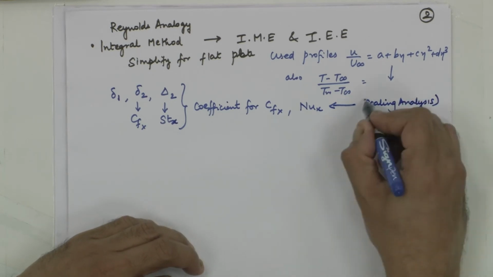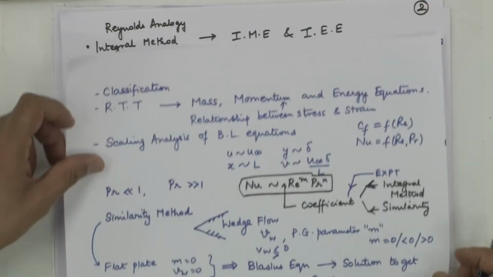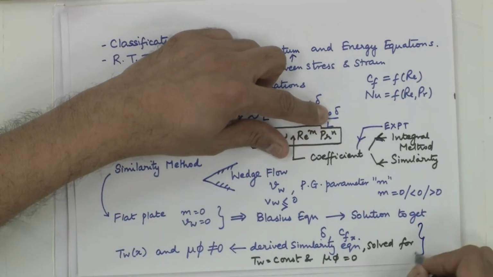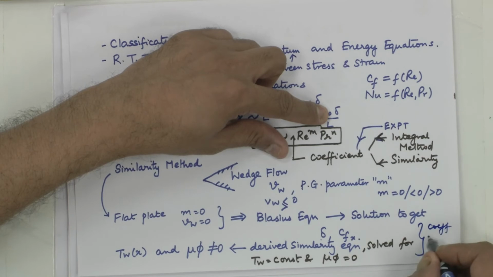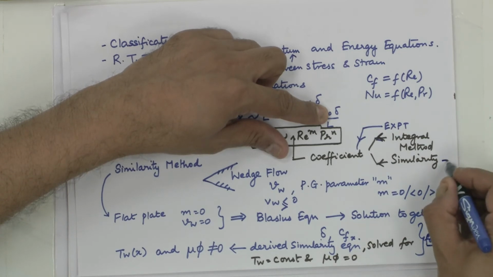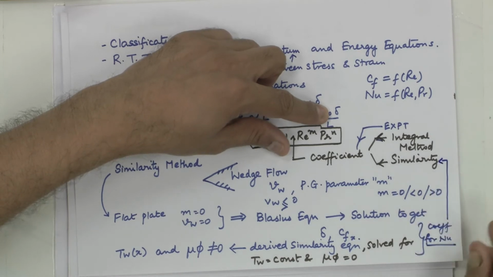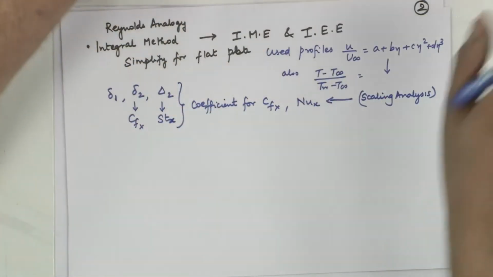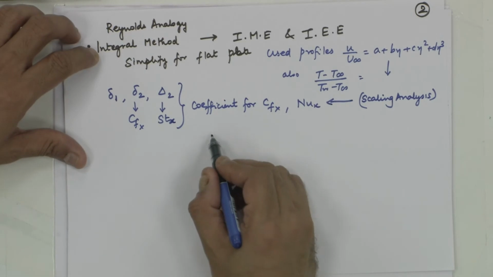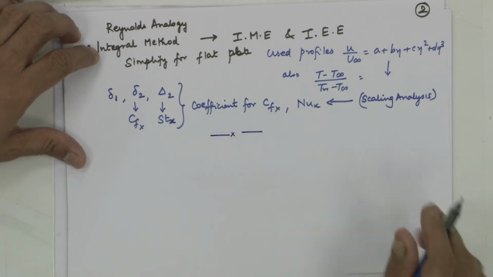The powers were identical. Similarity method also gave us coefficients for Nusselt number, which were again compared with similarity analysis. Okay. So, after doing this I think we covered up till I think module number 28 or something.